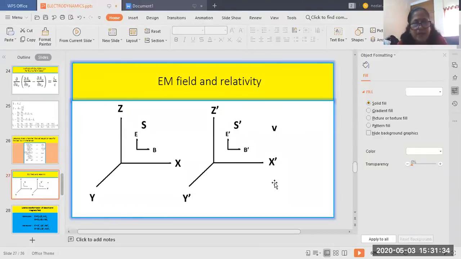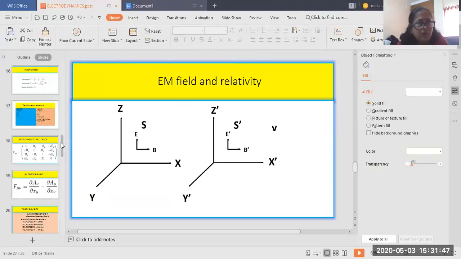I have shown it in a format. You can see here, this is S, this is S dash. Only the Cartesian variables are taken into account. Time variation is not taken into account. Okay. So that was the mistake of whom? Mistake of Lorentz.